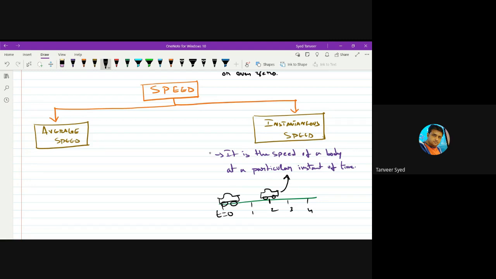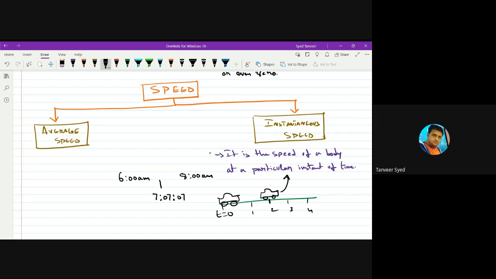You start your journey exactly at 6 a.m. and you are traveling for 2 hours, let us say, up to 8 a.m. Then, if I take a particular instant of time, which is 7 hours, 7 minutes, and 7 seconds, that is a particular instant of time. At this particular instant of time, with what speed is your car going? That is instantaneous speed.